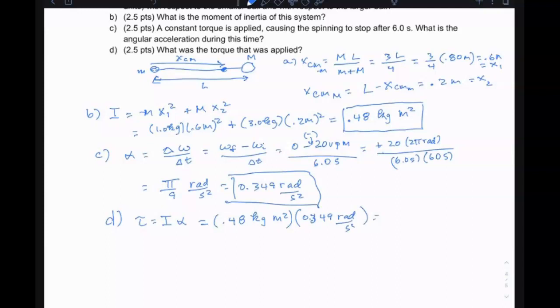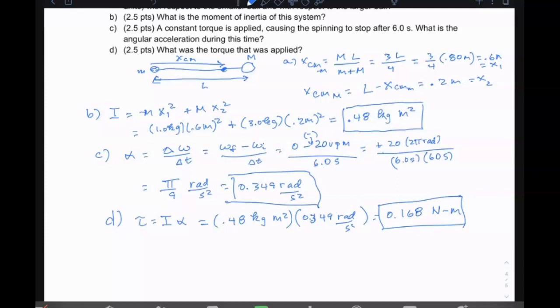And when we multiply that out, we see we're going to have kilogram meters per second squared, which are newtons, times meters, which are the correct units for torque. So the result is 0.168 Newton meters. And that concludes this review of question 3 in exam 4.